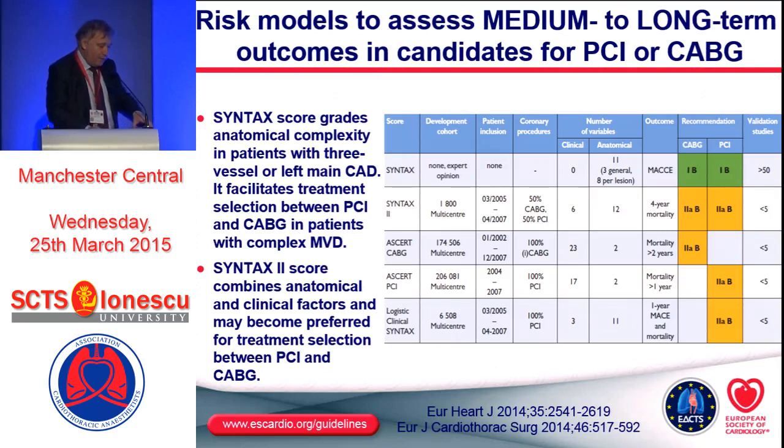Now, if we look at models assessing medium and long-term outcomes there, the syntax score is important. The syntax score comes from the syntax study, so I think that this is a first significant impact. Now, I think we should make a difference between the syntax score, the original syntax score, which encompasses 11 anatomical variables, 3 general and 8 per lesion, and so it creates anatomical complexity in patients with 3-vessel disease or left main.